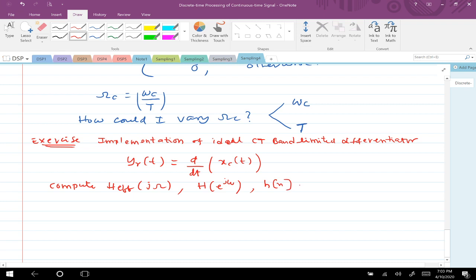You compute these values, and I want you also to draw the magnitude and phase plots of H effective of j omega and H of e power j omega. Hope these things are clear to you.